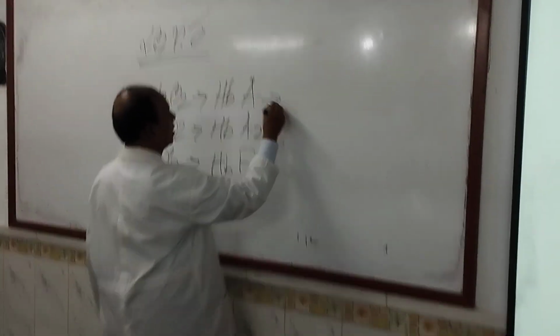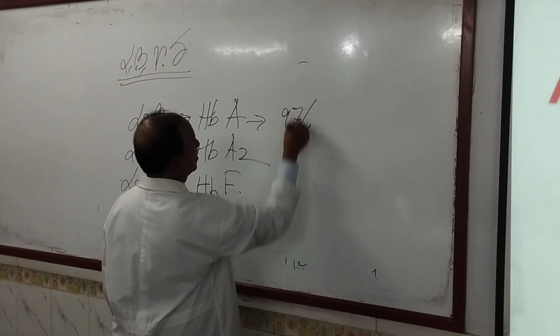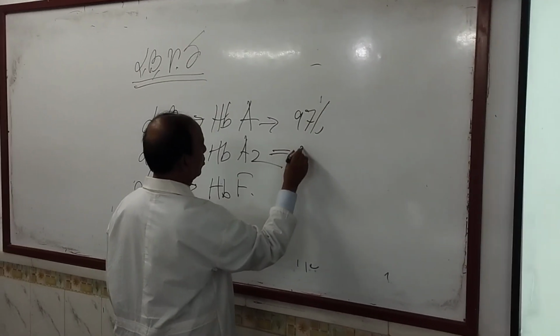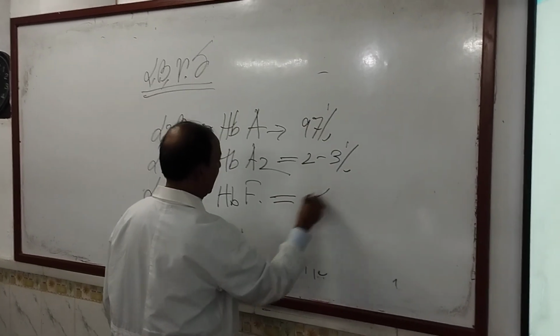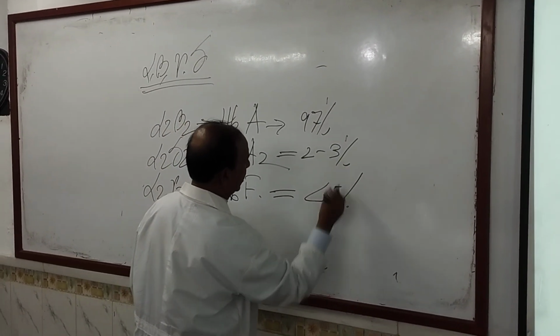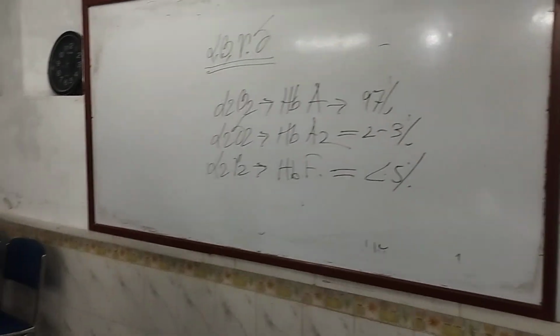Hemoglobin A is about 97%, A2 is about 2 to 3%, and fetal hemoglobin is less than 0.5%. Remember this one.